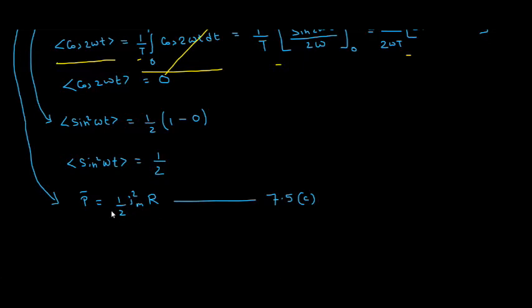Therefore, to express the AC power in the same form as DC power, a special value of current is defined and used, which is called root mean square, RMS, or effective current, which is denoted by I RMS or simply I. Now let us see the book.